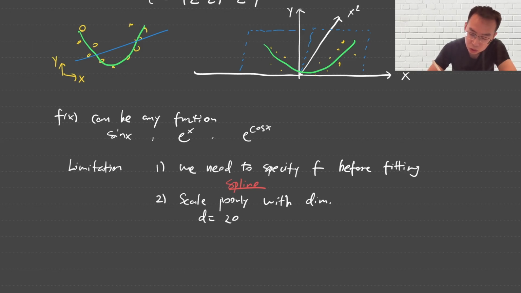If we just do a quadratic expansion, that means we need to take the full combination between xi and xj, right? A full combination of that gives us 20 times 20 equals 400 features.